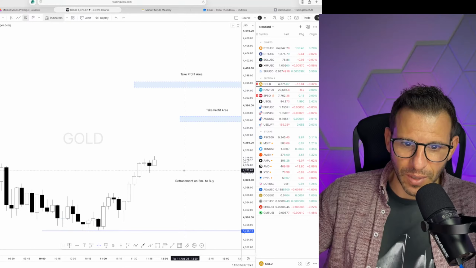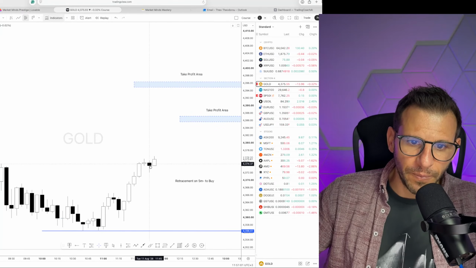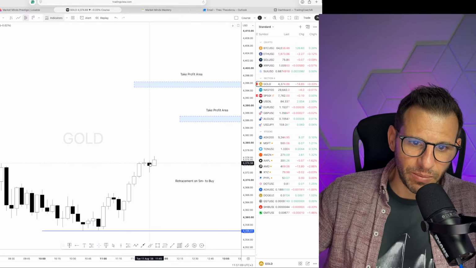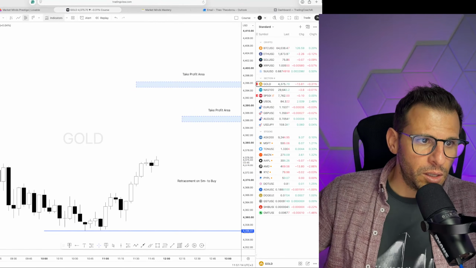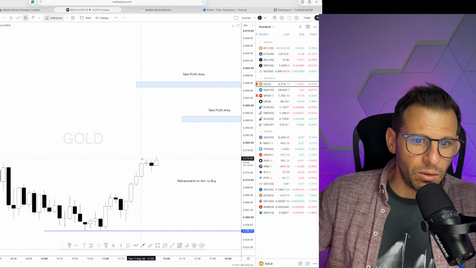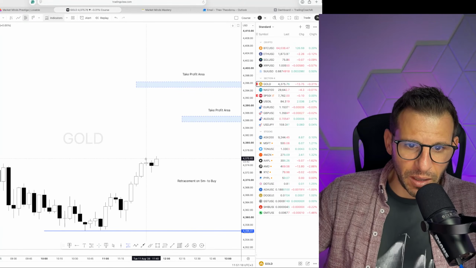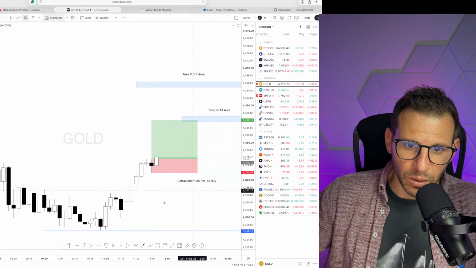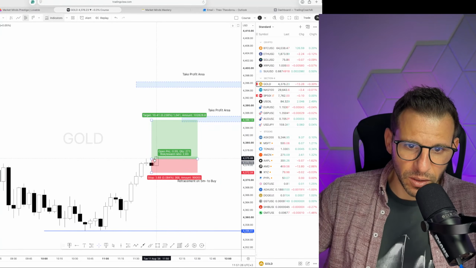Anything around one subject. So on gold, it looks like the market didn't want to retrace more. See, we started a retracement, but the buyer stepped in fast. Maybe that long position, maybe the break of this one will be a good trade like this.